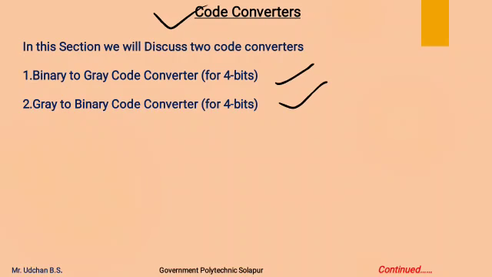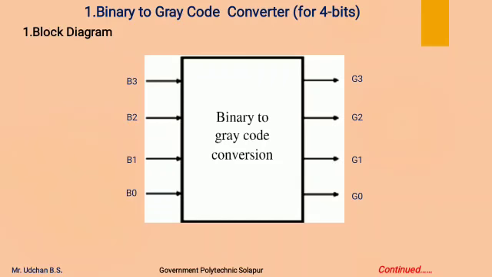We already know how to convert a binary to gray and a gray to binary number. We have studied this conversion in the first chapter. This is the block diagram of binary to gray code converter for 4 bits input.